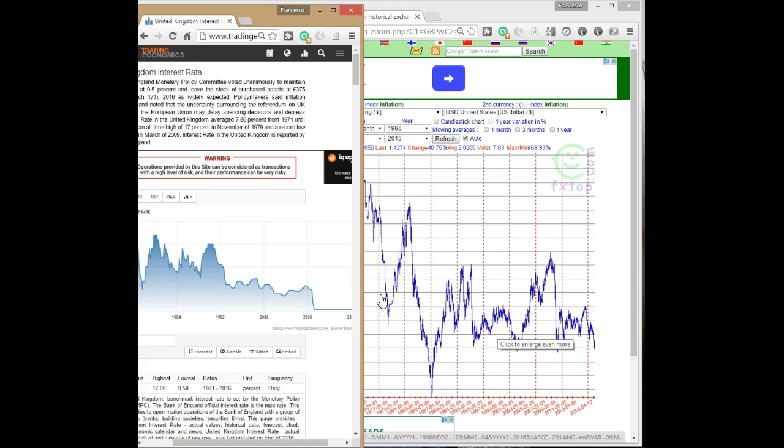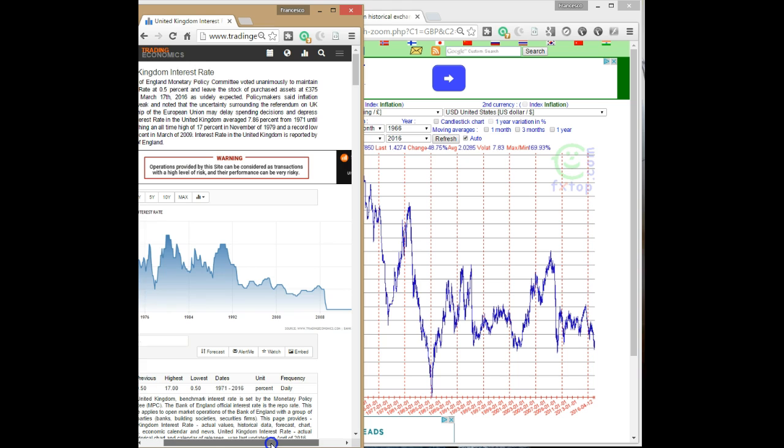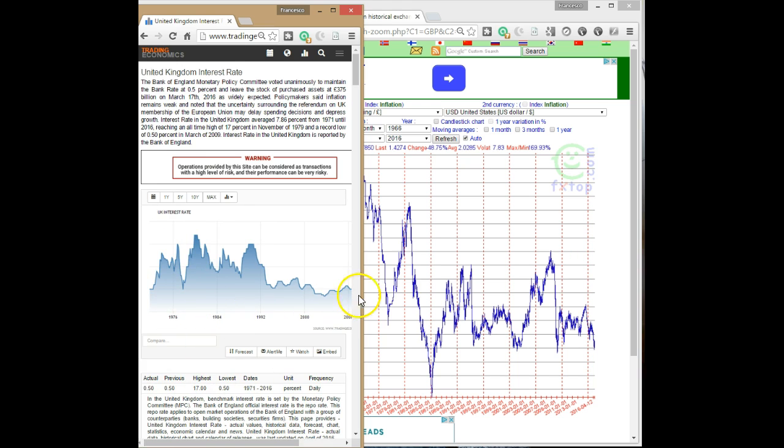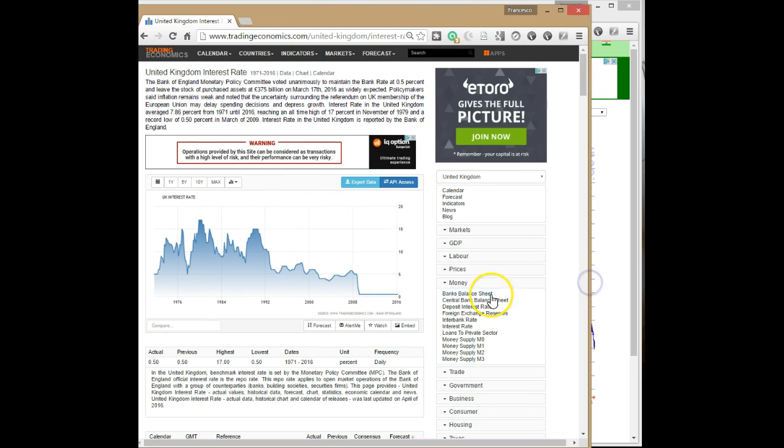Now you can kind of see from the curve that at the height here, the Bank of England rate was, if I can just get this a little bit bigger so you can see, I think in the region of 16 or 17%.